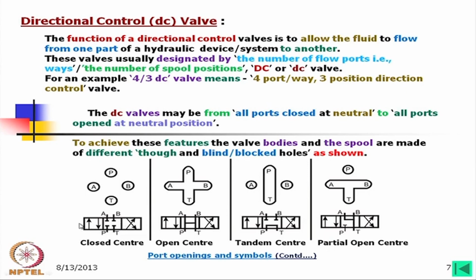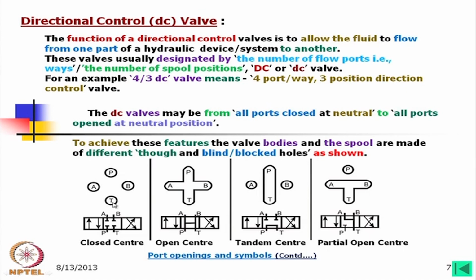We have not shown how it is operated. Now, here what we find is that these 4 ports are closed or blocked at the neutral position. These ports are A, B, P, and T, where P is the pressure port and T is the drain port.